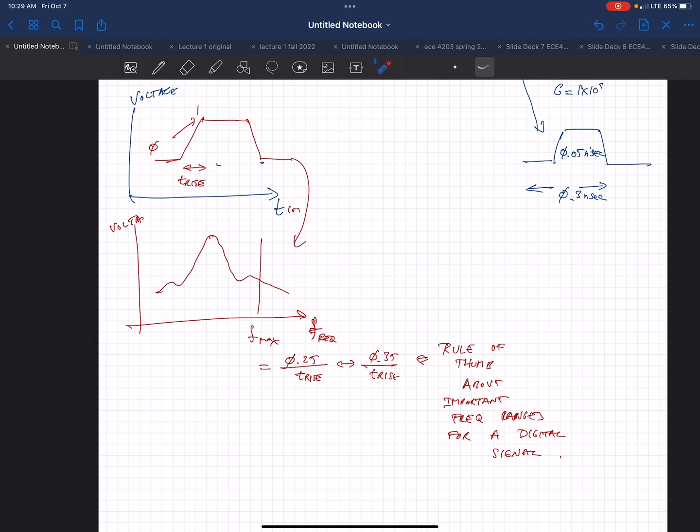And why this range? It just depends, because if you're a conservative person, you'll pick 0.35 over the rise time, because it's a longer frequency. And if you're a cowboy, you'll pick 0.25 over the rise time. So that's a rule of thumb.